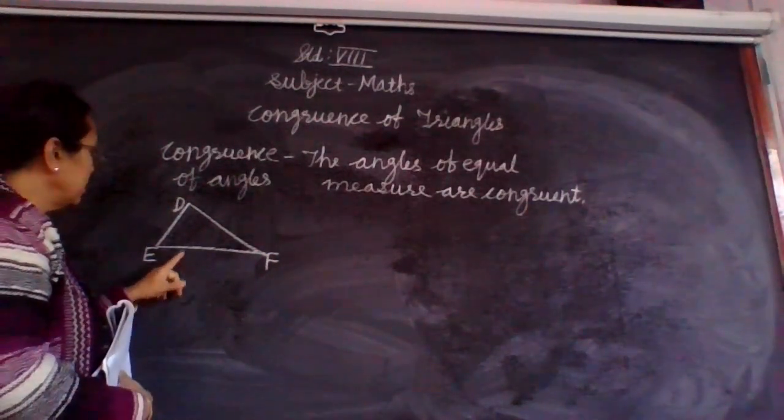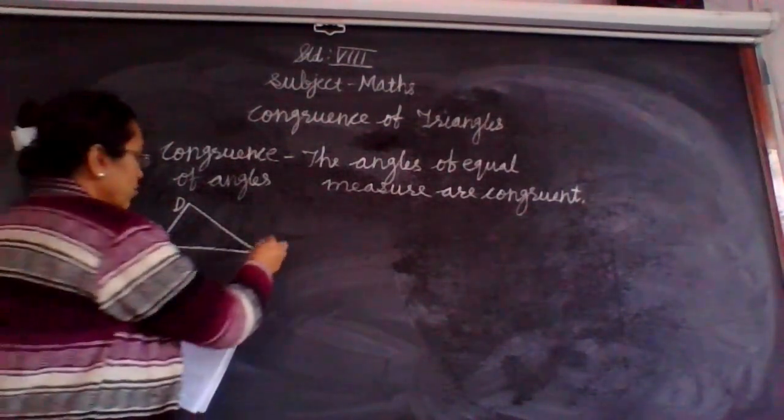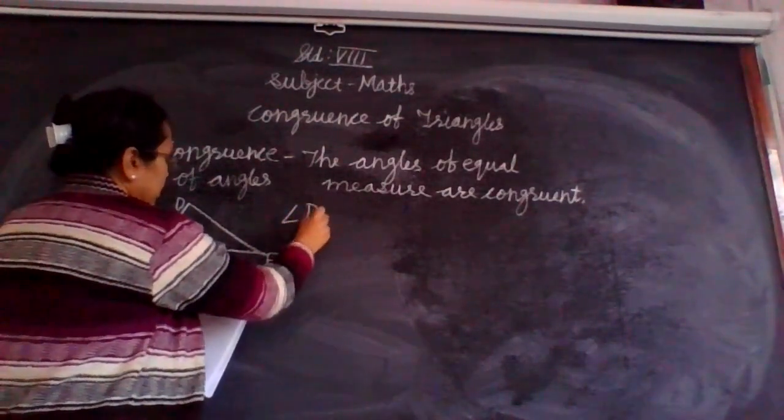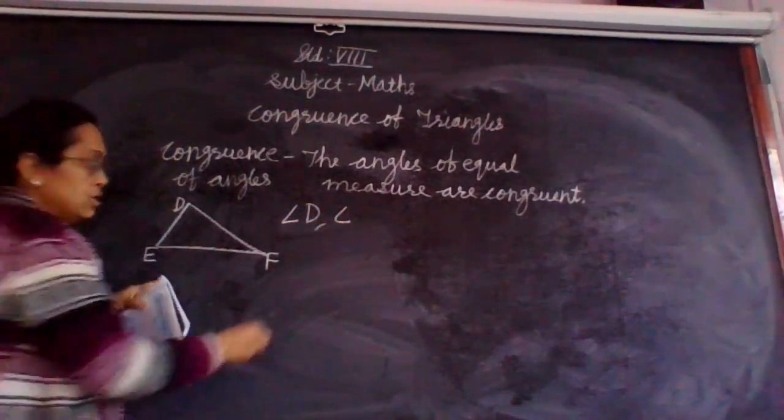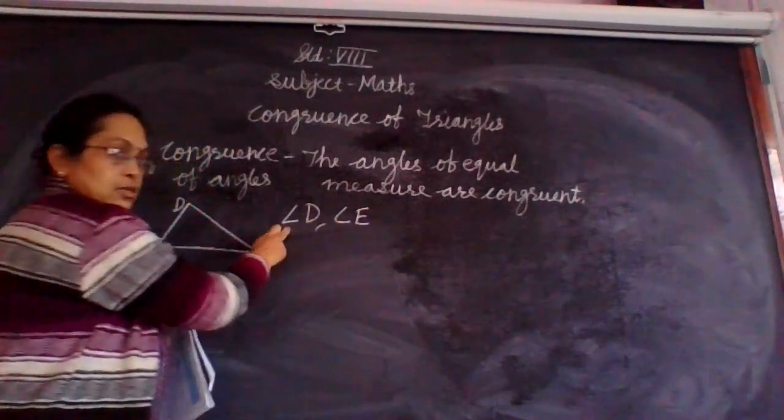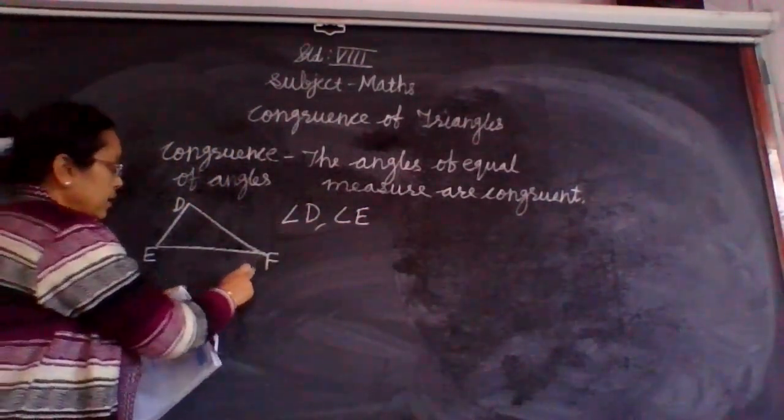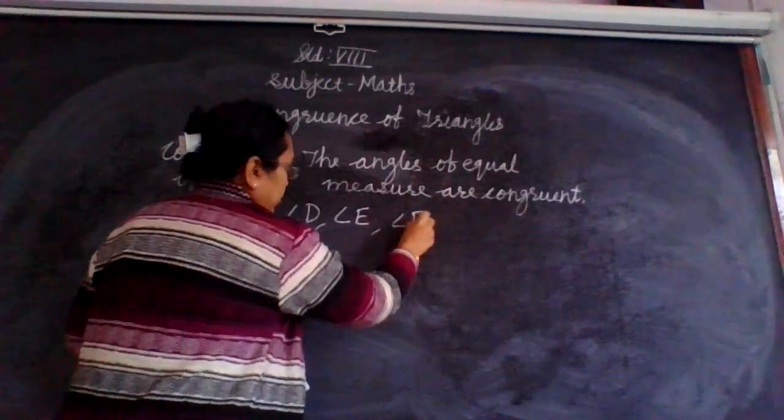There are three angles of any triangle: angle D, angle E, this is the symbol for angle, and angle F.